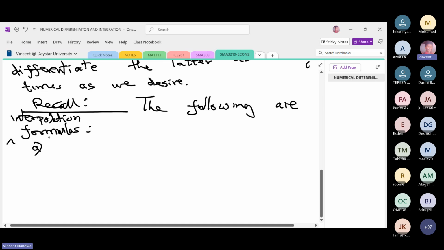First, let's classify those based on equally spaced mesh points.